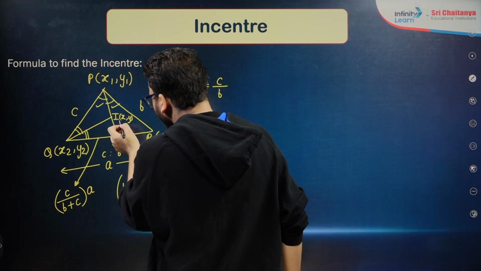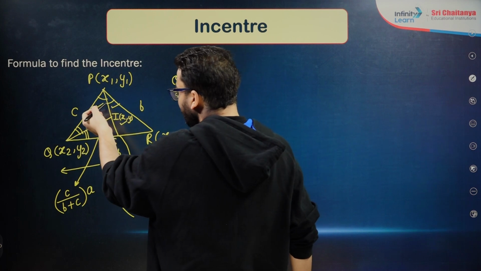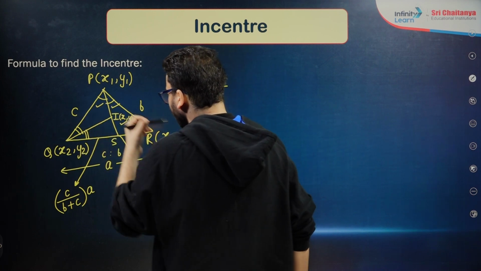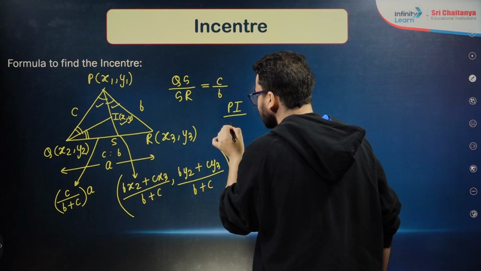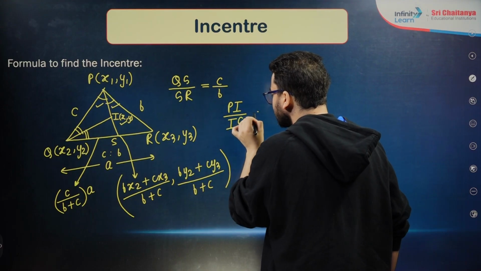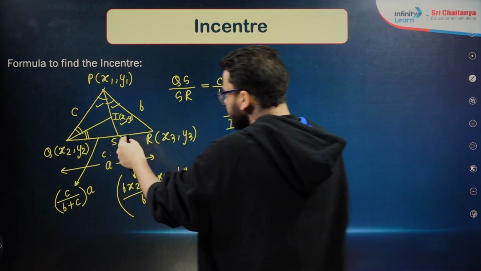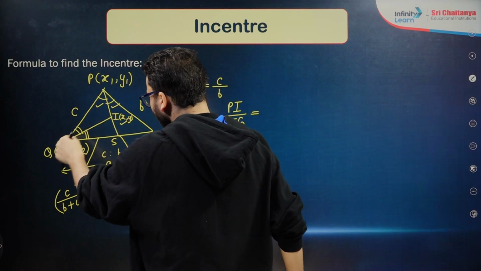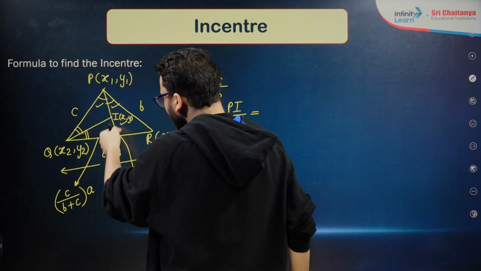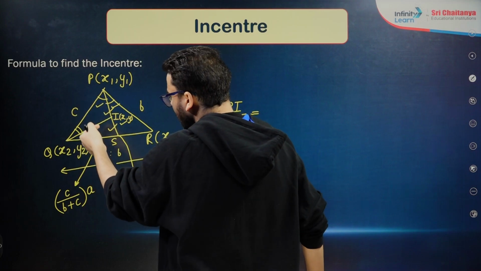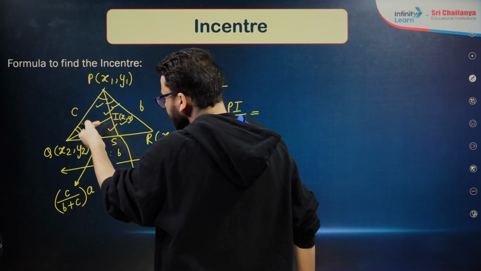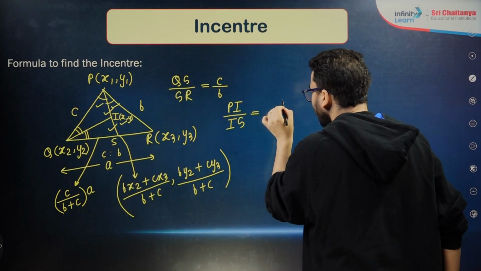Now in order to find this thing, I need PI upon IS. Understand that logic patiently, because again I have to use the section formula. You see over here, this is the angle bisector. So PI upon IS will be C upon QS, by the angle bisector theorem.